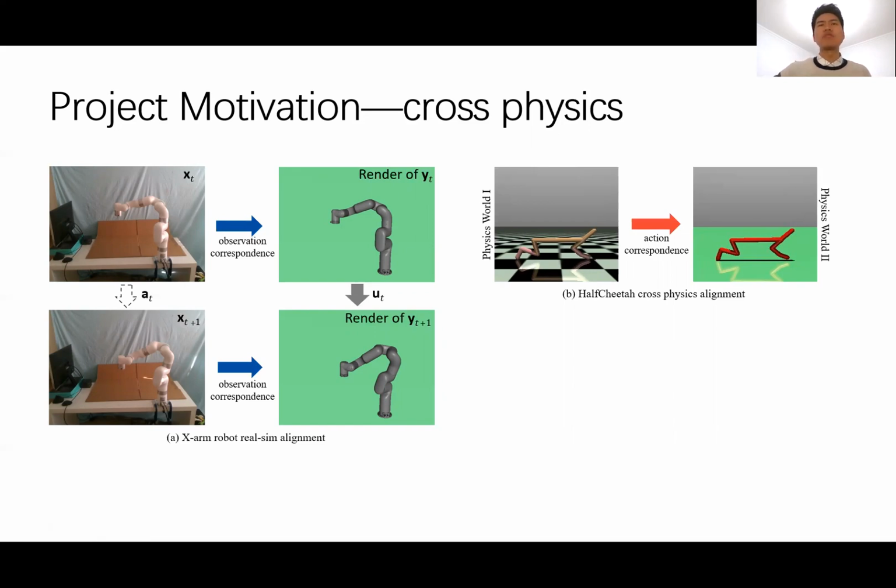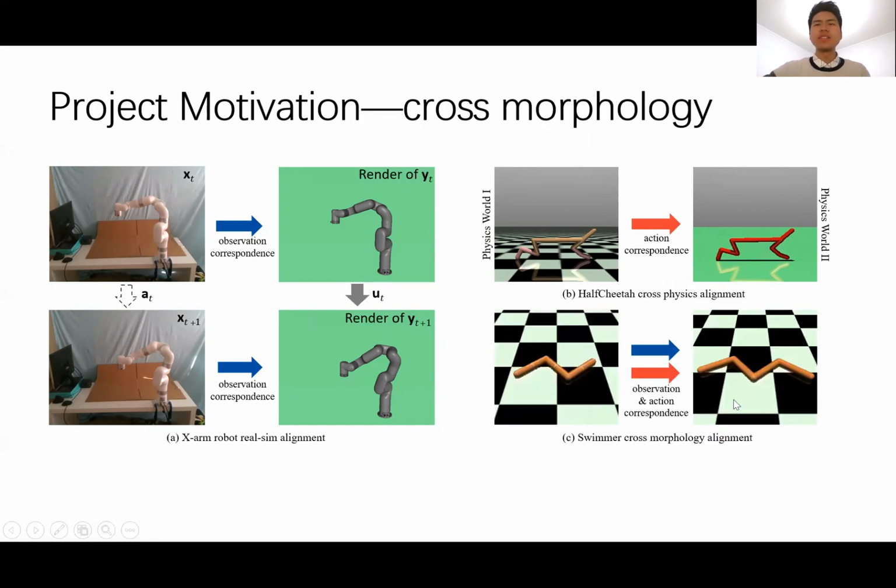So how can we learn the corresponding action to improve the performance? How can we transform the action so that it can achieve the same effect? We call this setting cross physics.